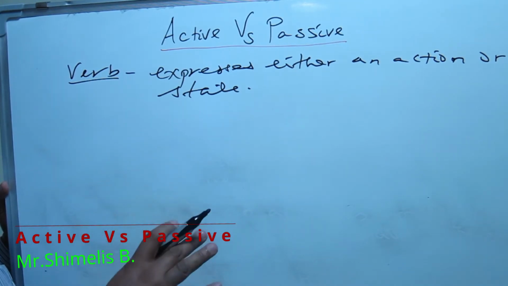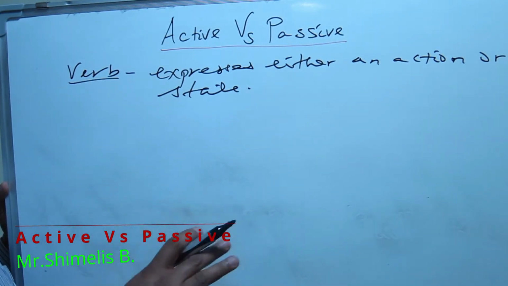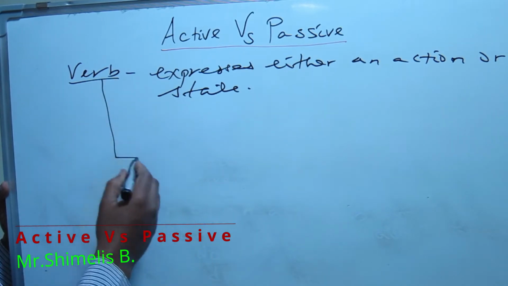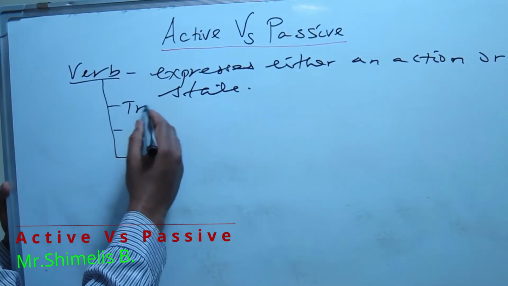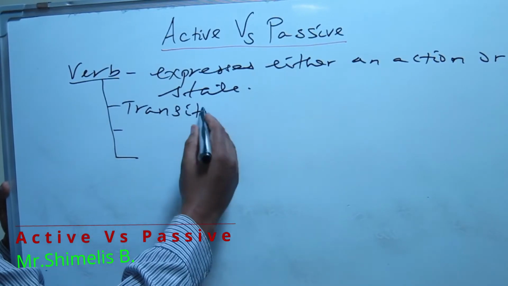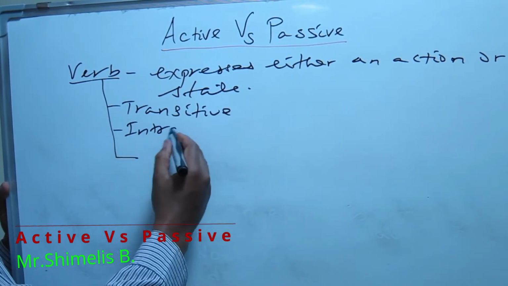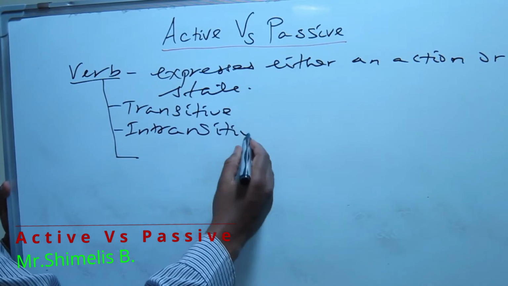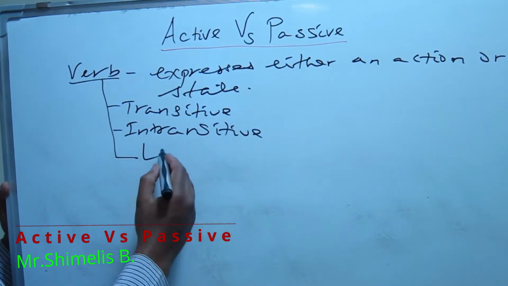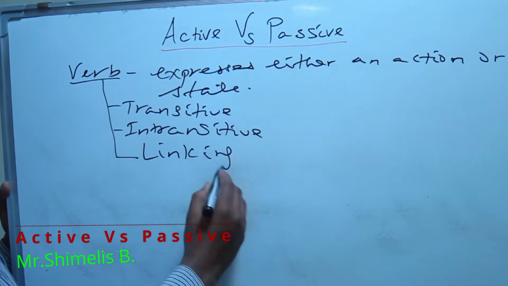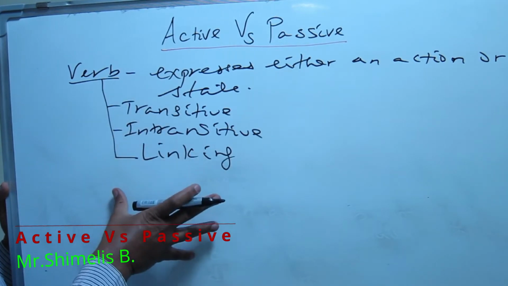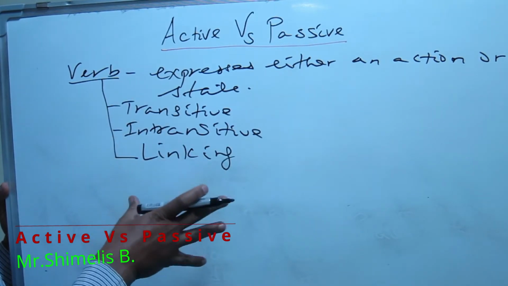But based on the function they have in a sentence, verbs might be divided into three: some verbs are transitive, some verbs are intransitive, some verbs are linking.